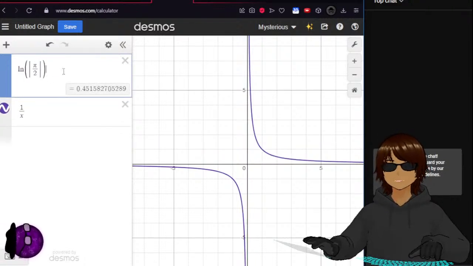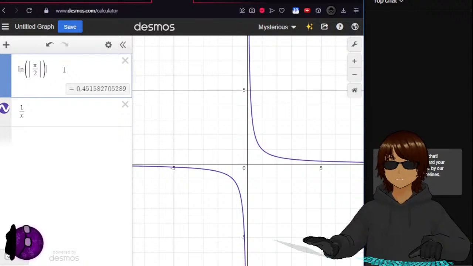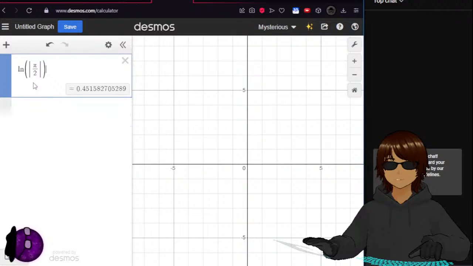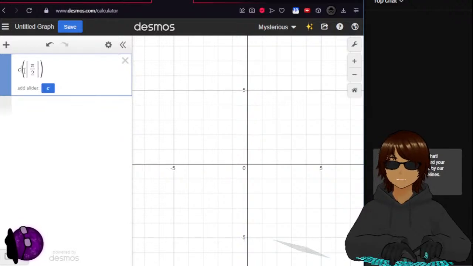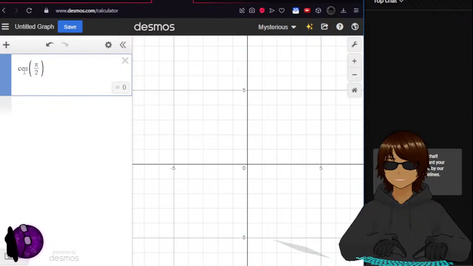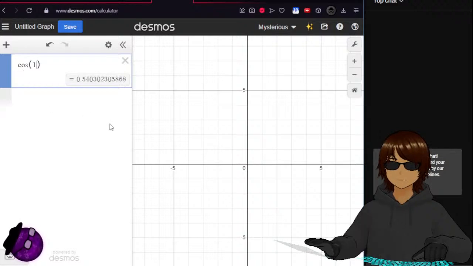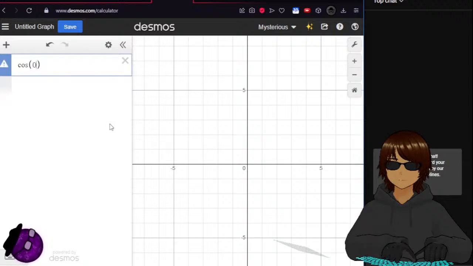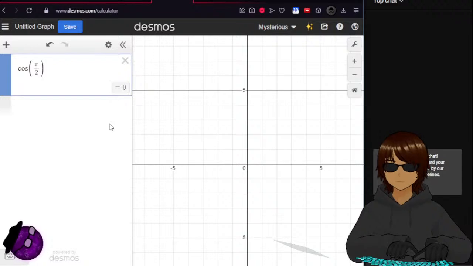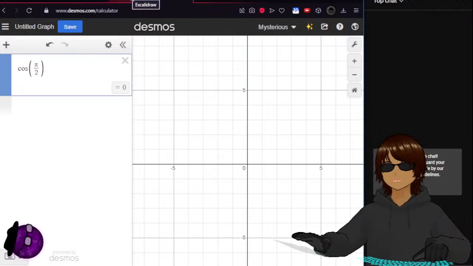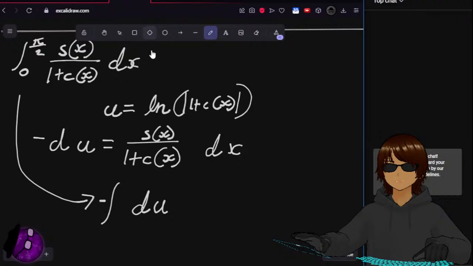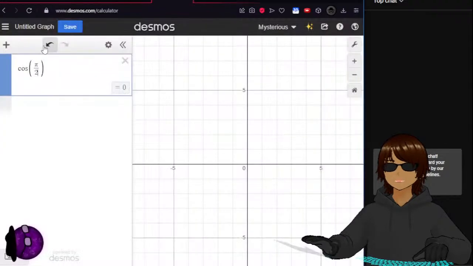Cos pi over 2, I forgot. What is that? No, cos pi over 2 is 0. Wait, hold on. Okay, cos pi over 2 is 0. So then this becomes ln of 1.